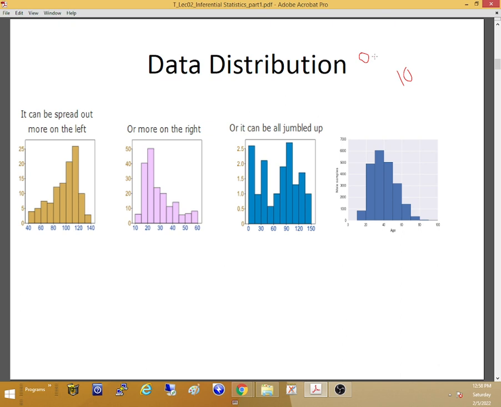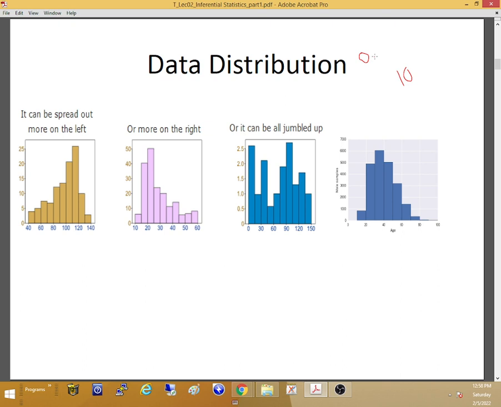So what is the normal distribution? In probability theory, the normal distribution is a continuous probability distribution. We know that distributions are of two types: continuous and discrete.